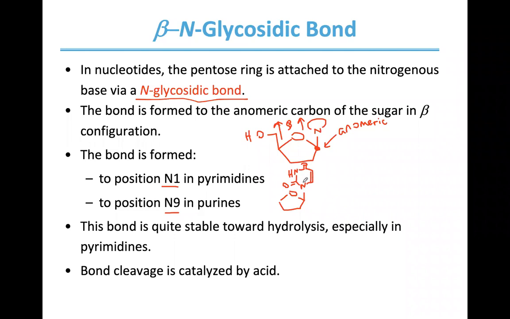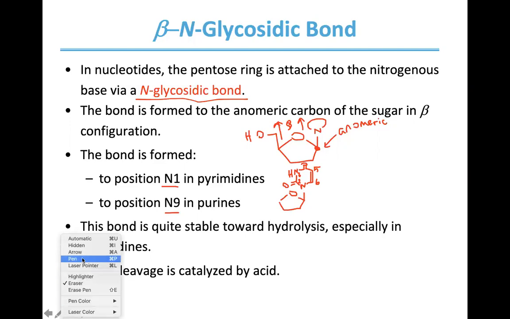And remember, numbering goes 1, 2, 3, 5, and that's going to be 6. So nitrogen 1. Now, I don't know if you can see that very well. Let me erase this and do a better job at writing 1. Okay, in purines, it will be nitrogen 9, right?